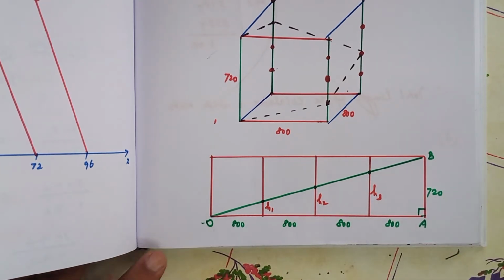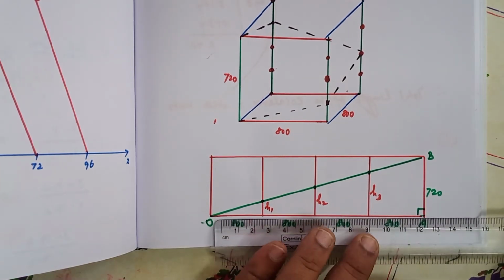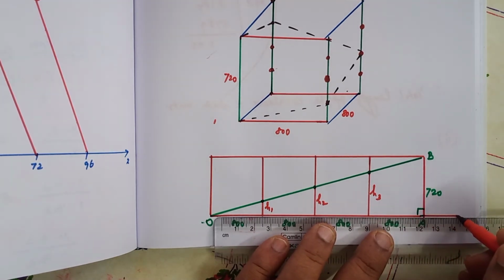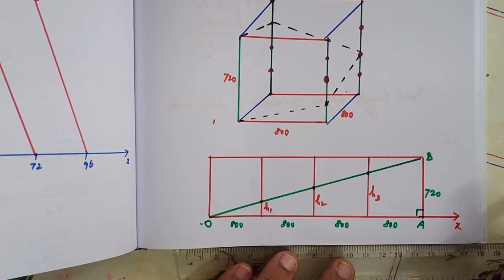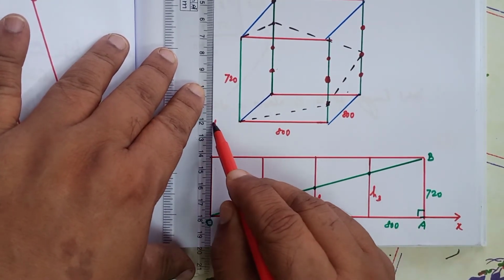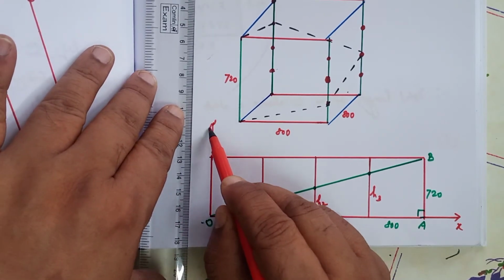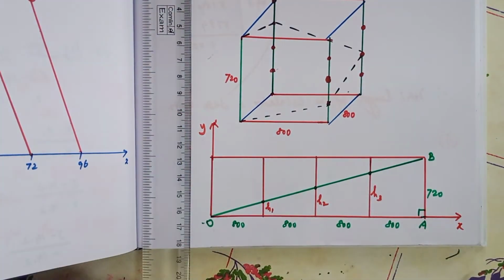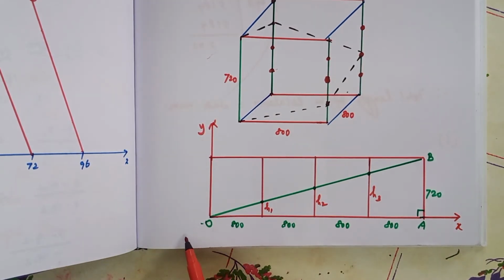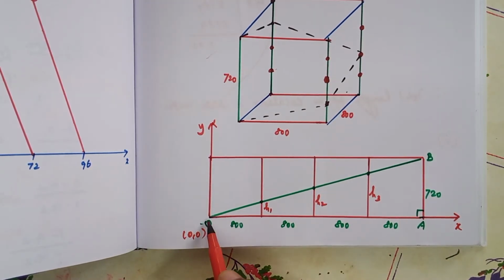So I consider that OA, let it be x-axis. Extend this direction, consider as y-axis. Since it is x-axis and y-axis, definitely there is an origin, the intersection of x-axis and y-axis.